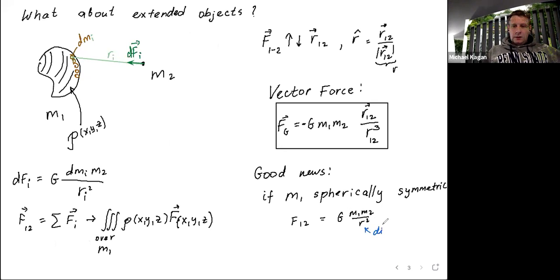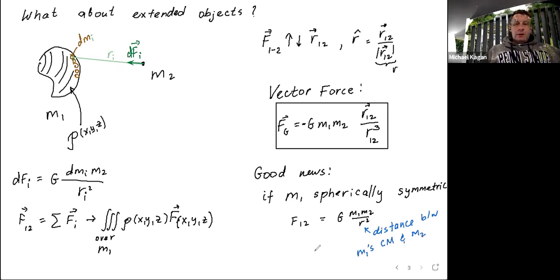Okay, just to be clear, this is the distance between m1's center of mass and m2. Okay, so with this in mind, let's consider some examples.